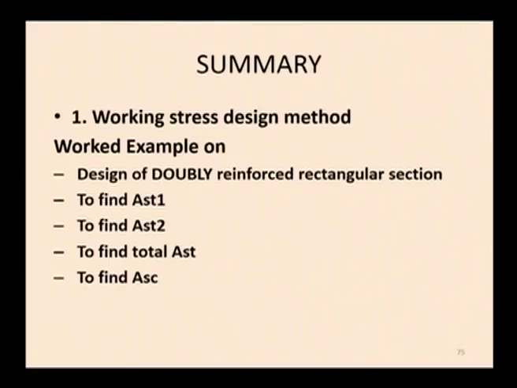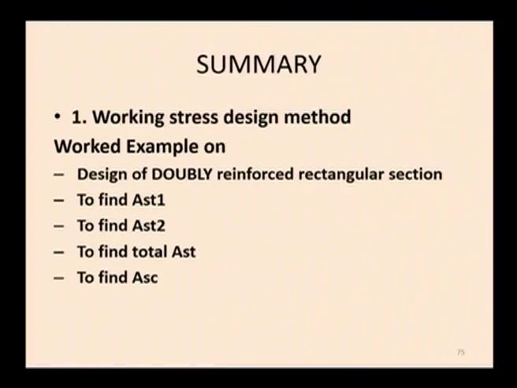For finding AST2, we find the excess moment, which is the total moment minus the moment of resistance of the balanced singly reinforced section. For that excess moment, we provide the additional tensile reinforcement at the bottom, which is taken as AST2, and for balancing that, we have provided the reinforcement at the compression zone, that is ASC.